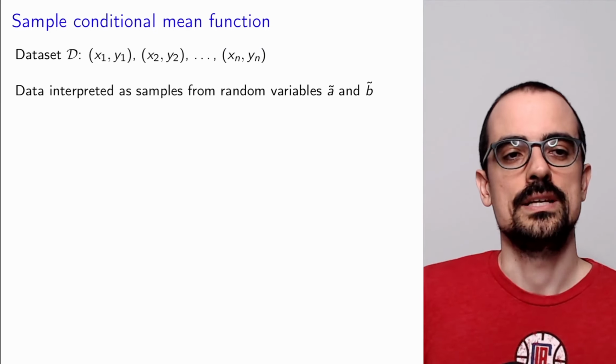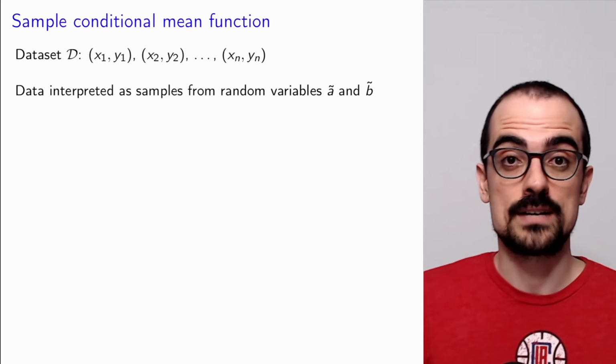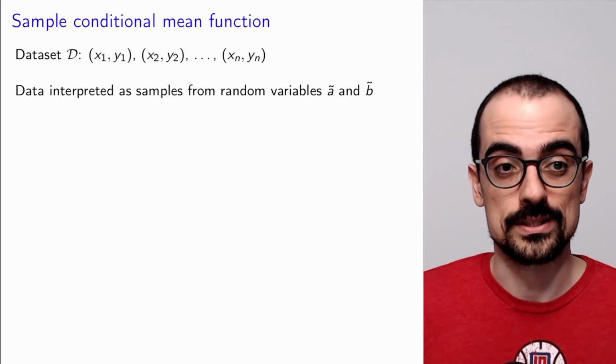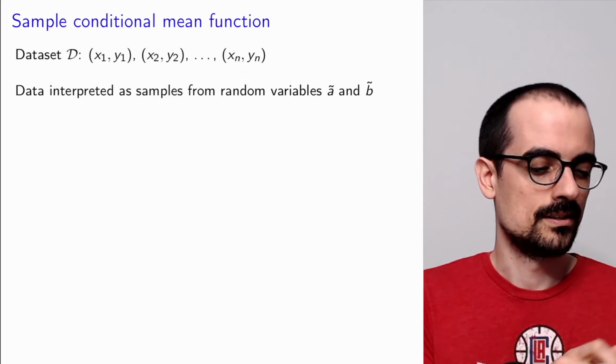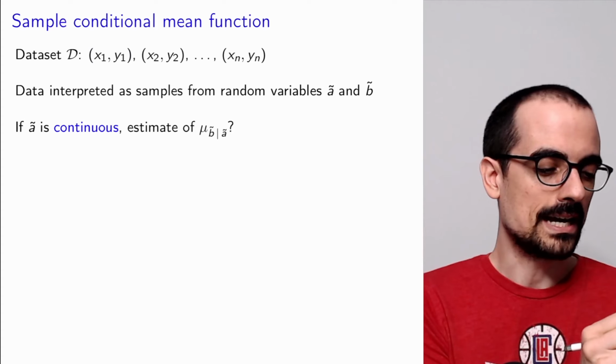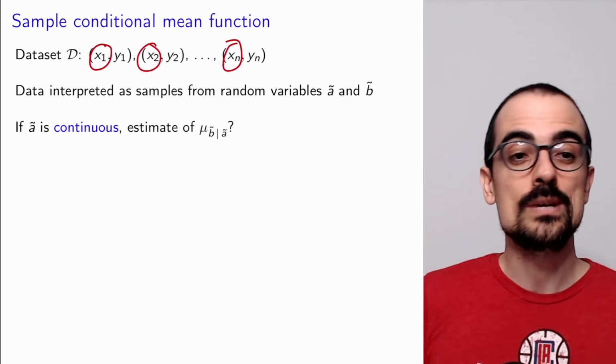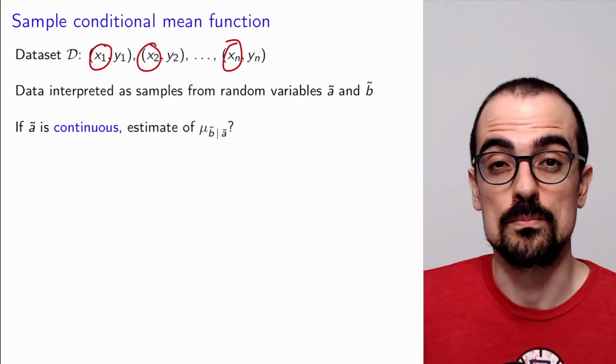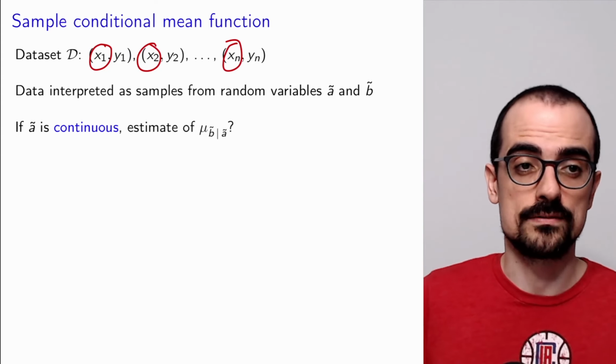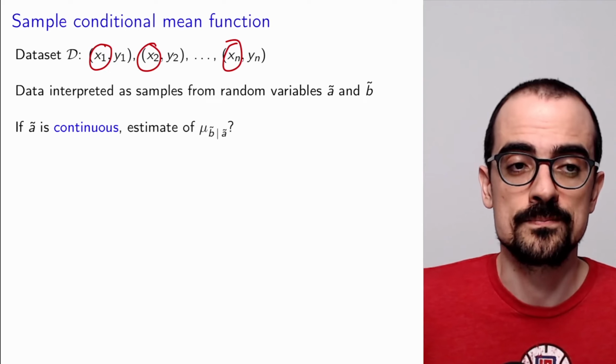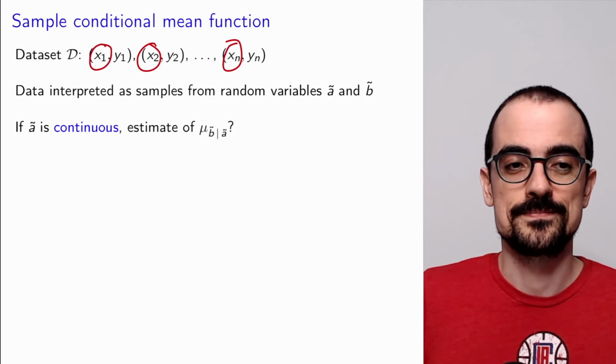What about if the random variable that we're conditioning on is continuous? Imagine that now we have pairs, but this one is continuous. Can we apply the same procedure to compute the conditional mean function of the second entry given the first entry? Think about it for a moment.